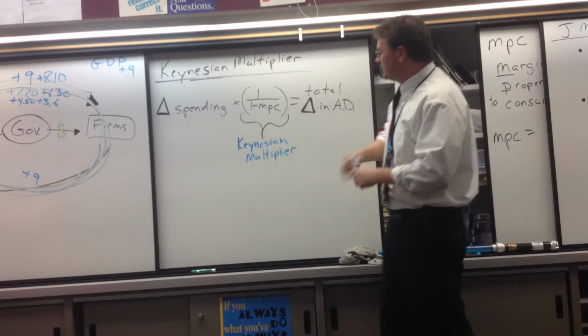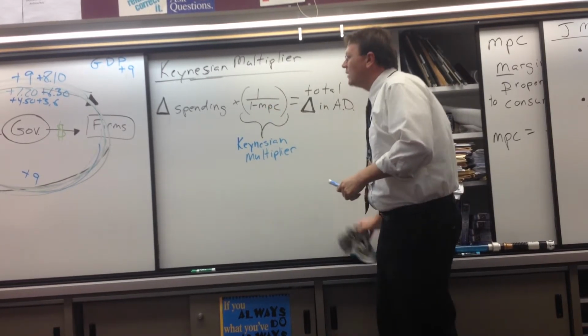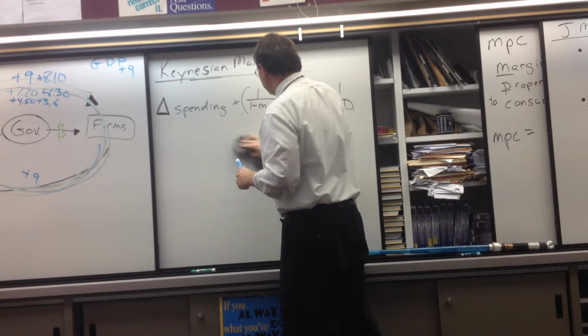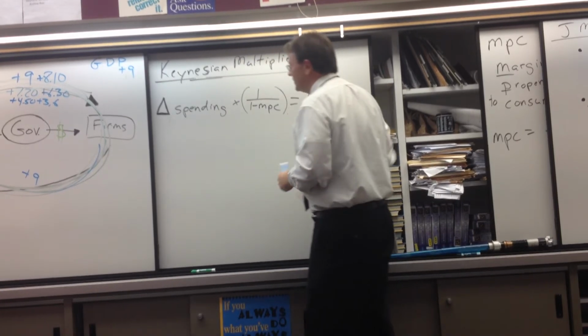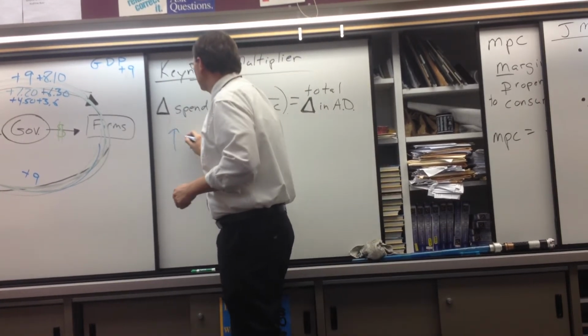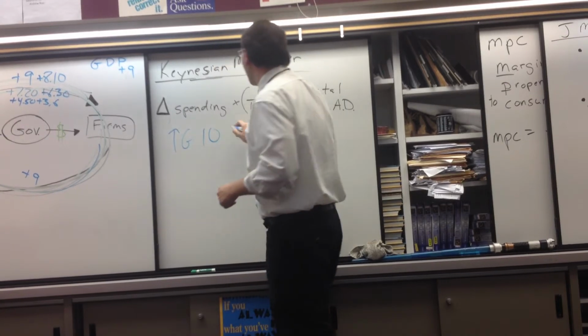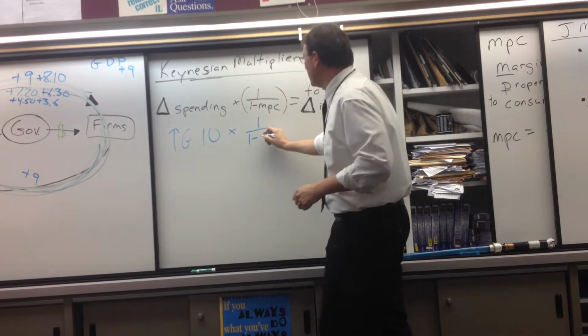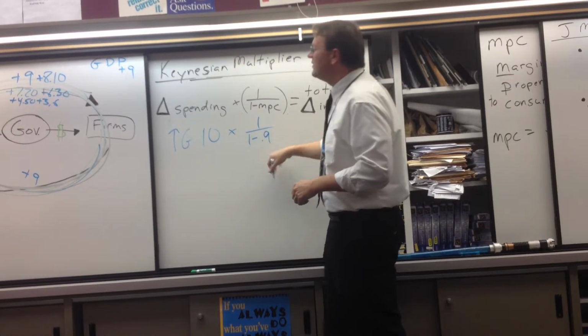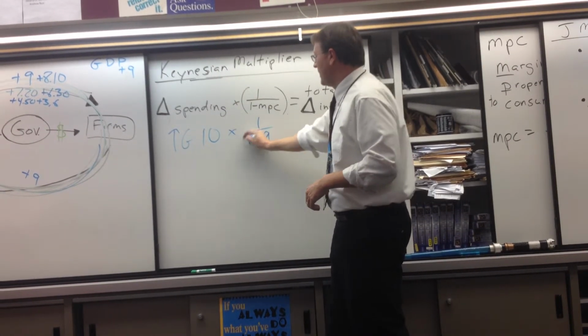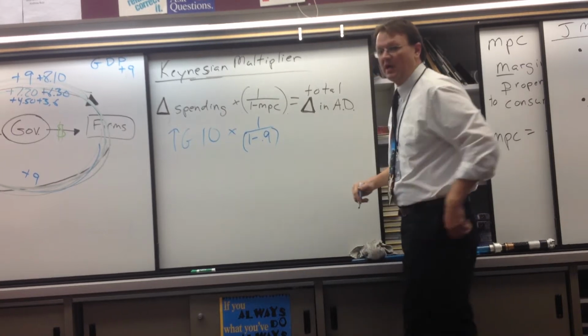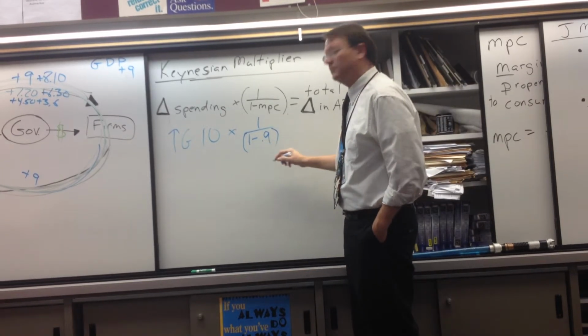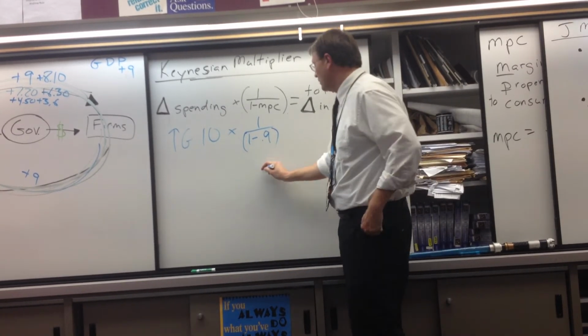So in this way, we have the Keynesian multiplier. And what we saw over there was a $10 increase in spending. Well, here's how it works. The government increased spending by $10 times 1 divided by 1 minus the MPC. The MPC in this case is 0.9. Remember, you spend 90% of your income. Now, what's 1 minus 0.9? Very good, it's 0.1.